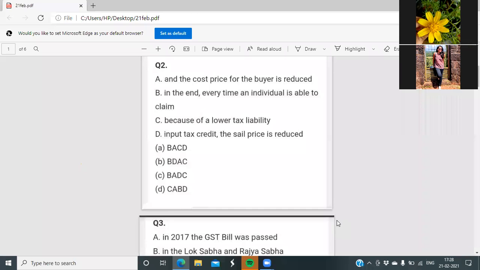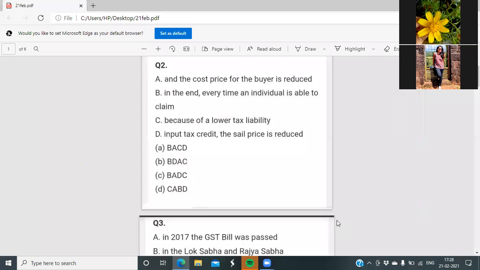Can I get a yes or no in the chat option, please? Okay, fine. Just because for a few it's not clear, I'll be explaining it to everyone again.